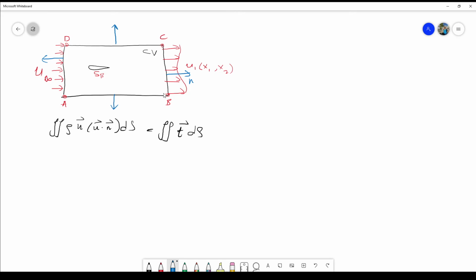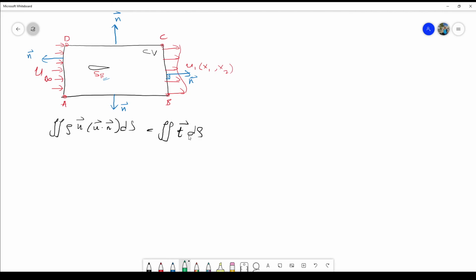For each of the 4 surfaces, AB, BC, CD, and DA, the unit normal always acts normal from the surface, pointing outward from the control volume. From this stage, these equations will be integrated all over the control surfaces A, B, B, C, C, D, and we come back to A to close our control volume.